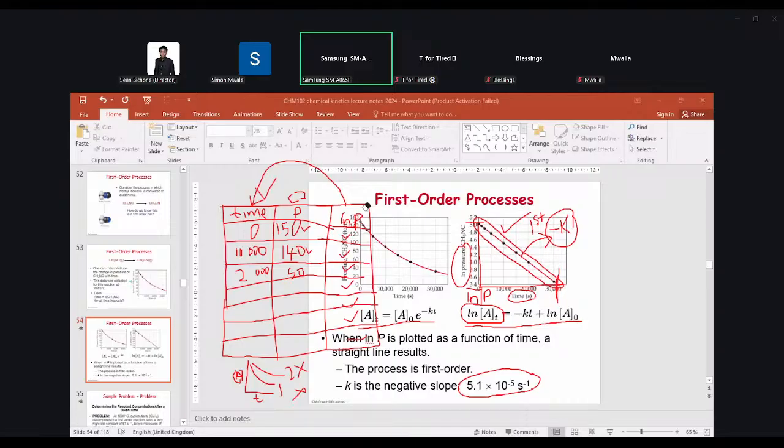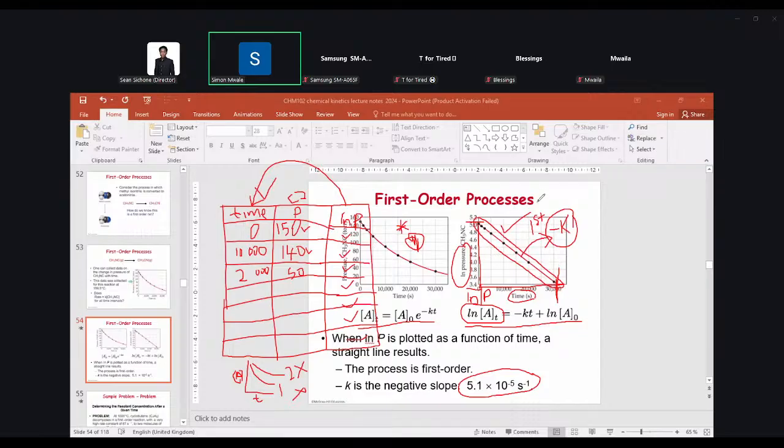Does it just help us sketch the slope we have for the first order? Without the curve, we can't sketch the straight line. This curve here? This one is not helpful.